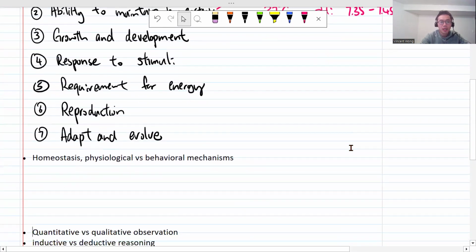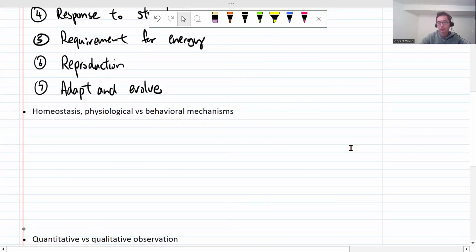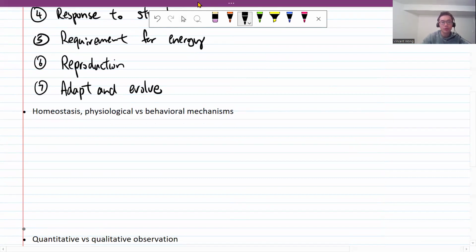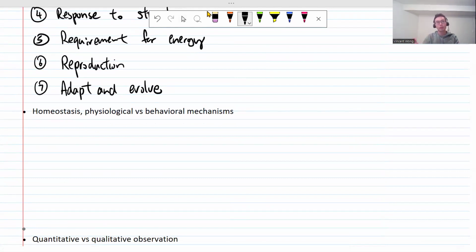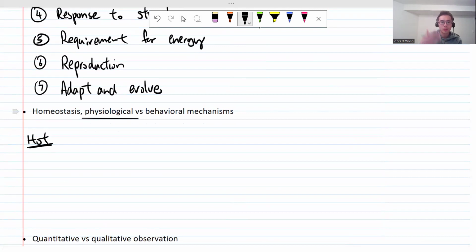We talked about how, in order to maintain homeostasis, there are different mechanisms that your body does for you, or things that you can do yourself. So let's say it is very hot outside. Physiologically, what does your body do to cool you down?